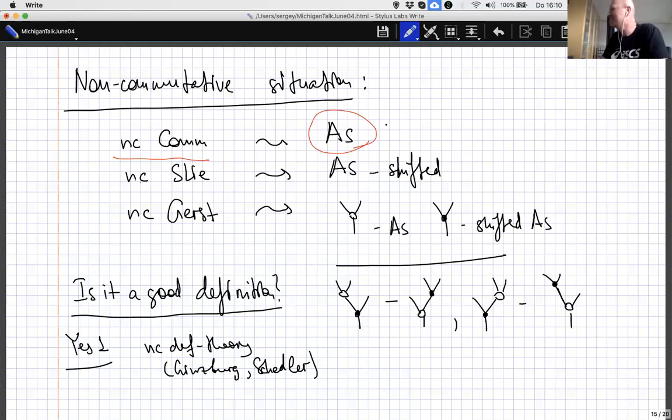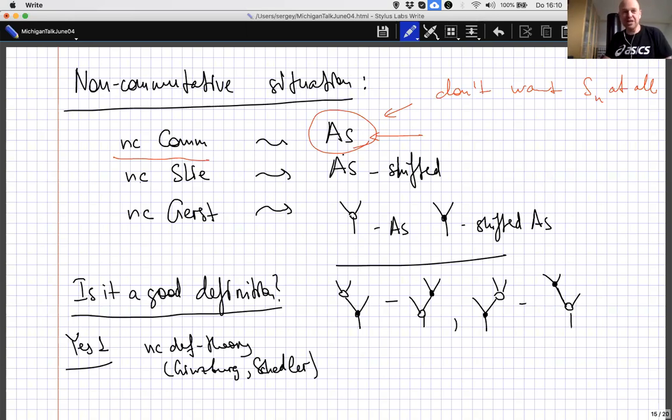Why? The answer is because I don't want to consider S_n at all, the symmetric group action. I don't want it at all, right? So it means that here, the only operation that I have, if I have n inputs, is that I can only multiply them from left to right, and I can't reshuffle them, right? So that's the natural analog for me of a commutative associative algebra, right?